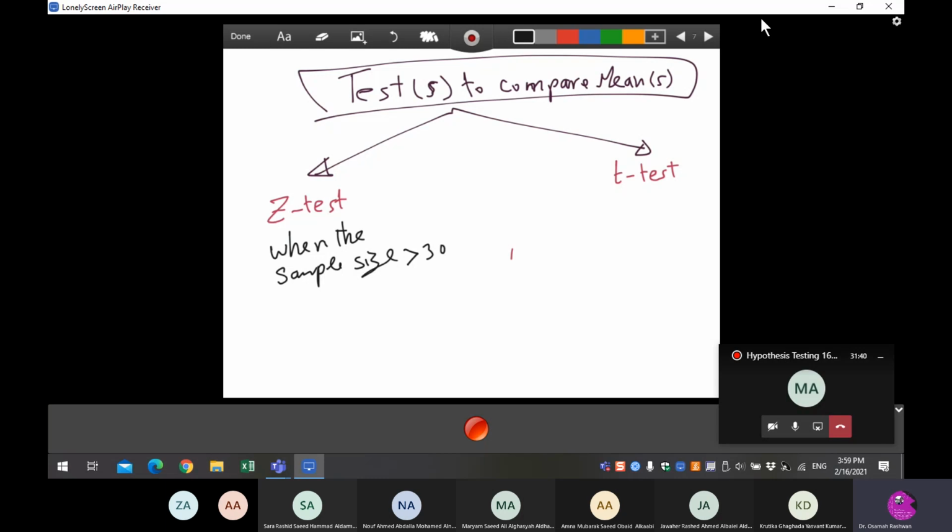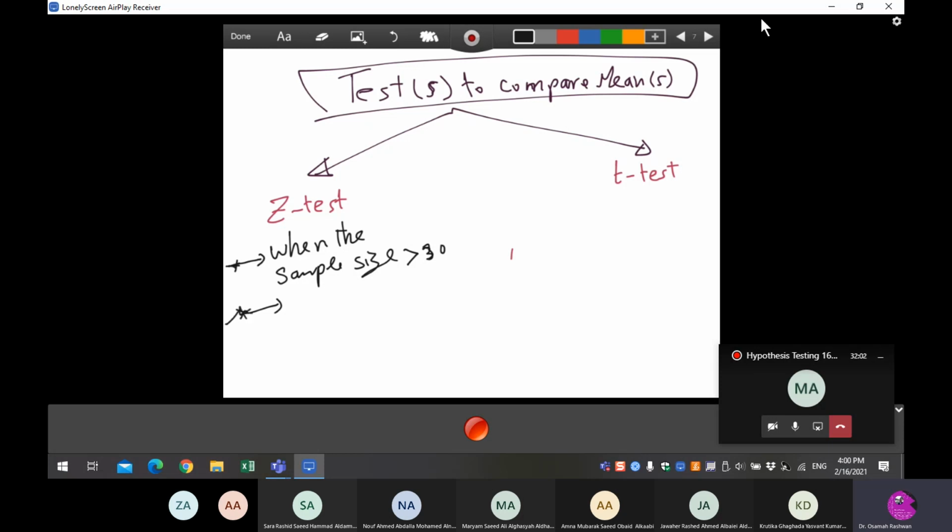Because using the central limit theorem, this one will be close to the normal distribution. This is the point why they choose this one. The central limit theorem says when n is so big, right? Okay, fine. This is the first case.